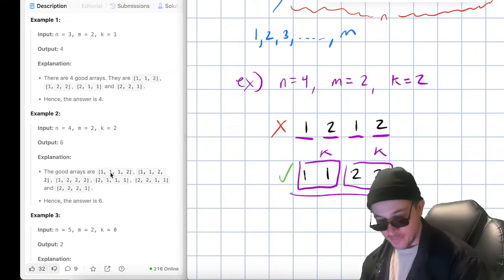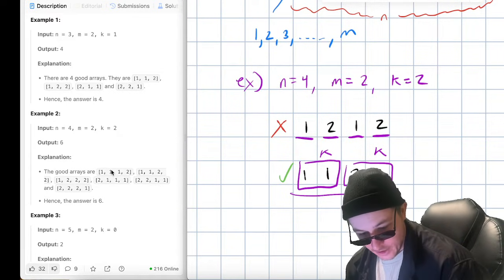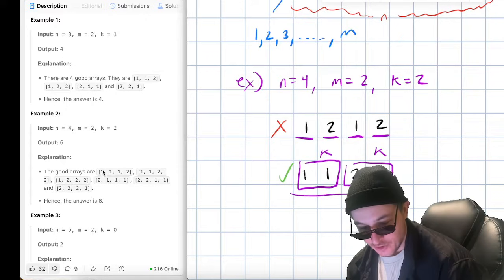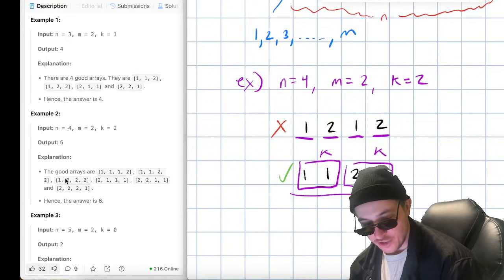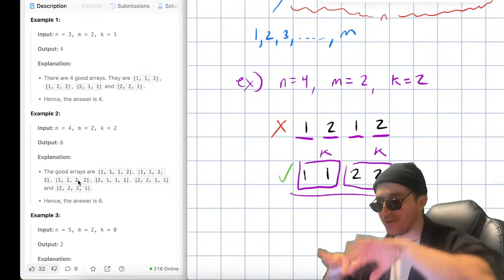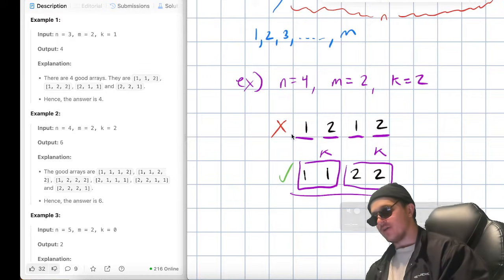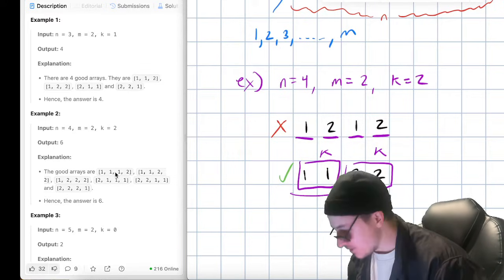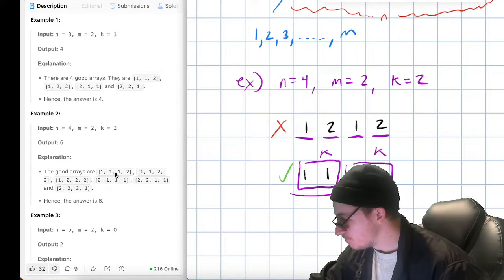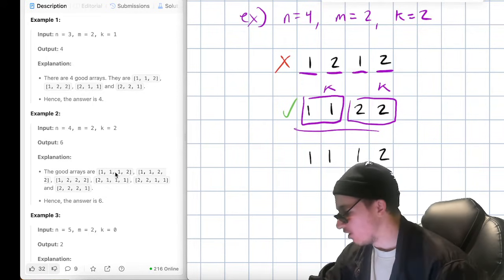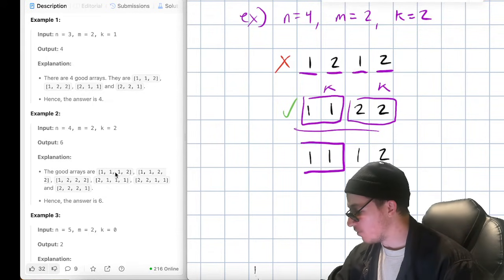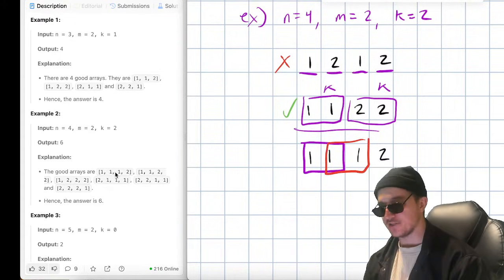Then we can go through the rest of these examples. 1, 1, 1, 2 is good because two adjacent pairs are the same: 1 and 1, and another 1 and 1, so that's k equals 2. Everything's between 1 and 2. So they don't have to be distinct from each other, like in the previous example. With 1, 1, 1, 2 it's a little harder to see, but this is your first k example and this is your second, so there's some overlapping there.